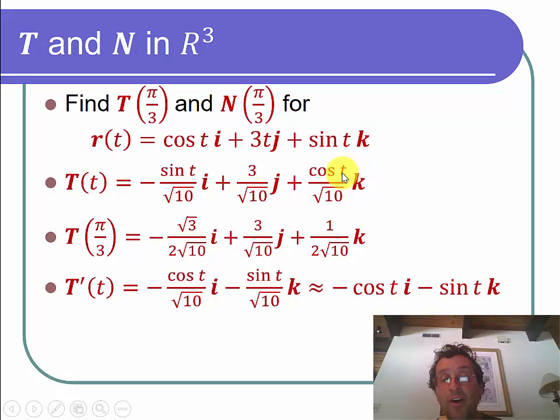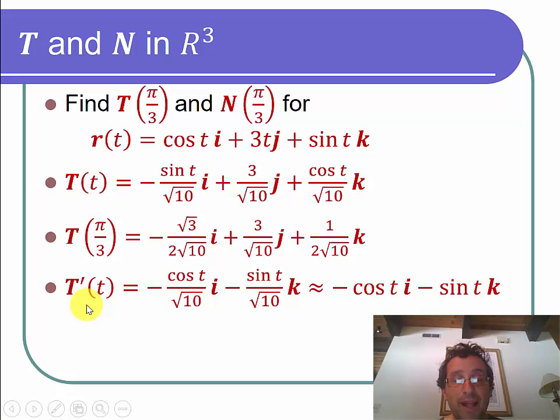And then the derivative of cosine t over root 10 is negative sine of t over root 10. So I get minus sine of t over root 10 k. Now comes a little simplifying trick. What we want is the unit normal vector. Now the unit normal vector is a unit vector in the direction of the derivative of the unit tangent vector.